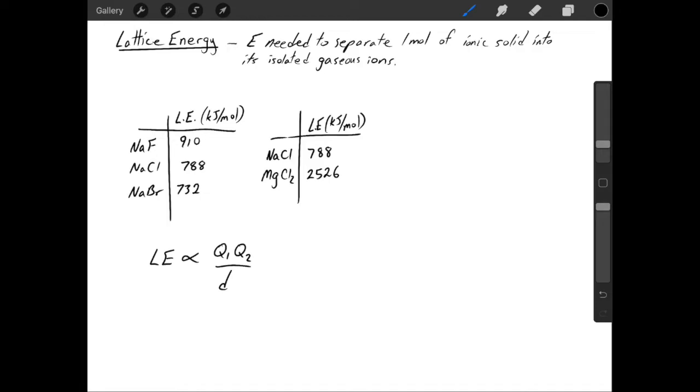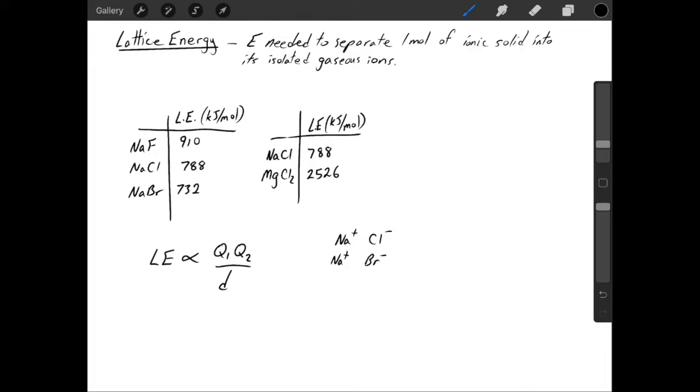If you look at the examples of the sodium halides, Q1 and Q2 are constant. In each of these sodium halide examples, the charge on the cation is plus, the charge on the anion is minus. So Q1 and Q2 are constant values, only the distance between them varies.